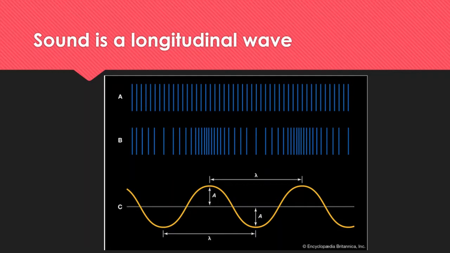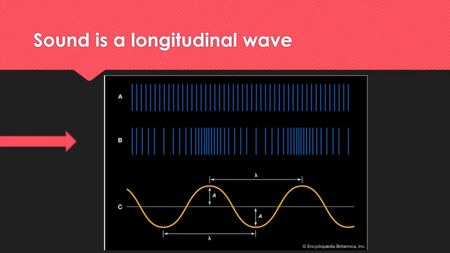So B is showing a longitudinal wave. C is just showing where the compressions are happening. That's where the crest is, and where the particles are stretched out, that is where a trough is.